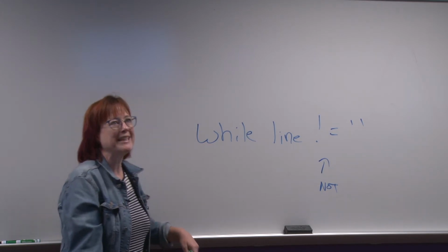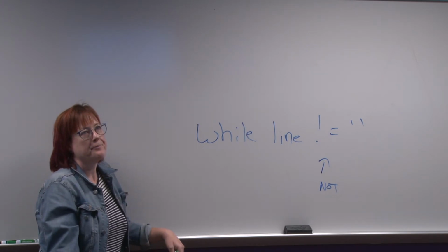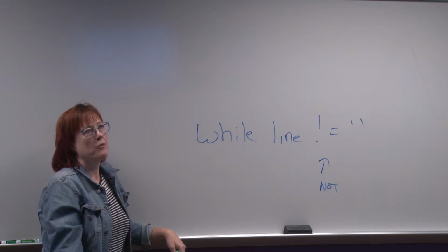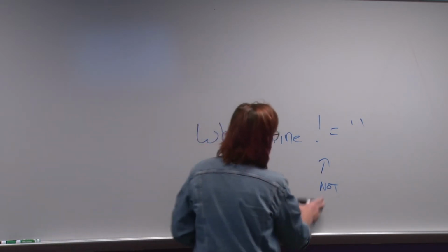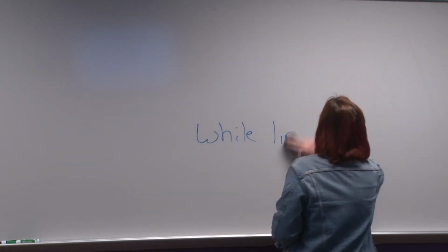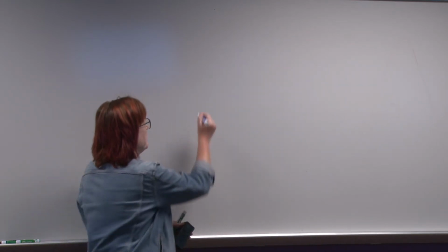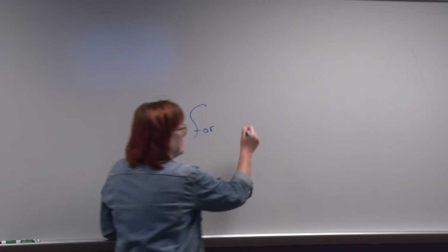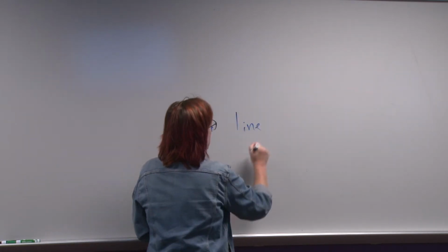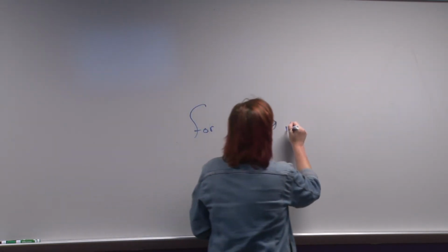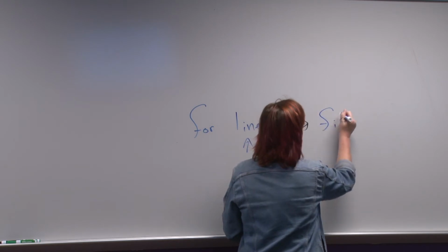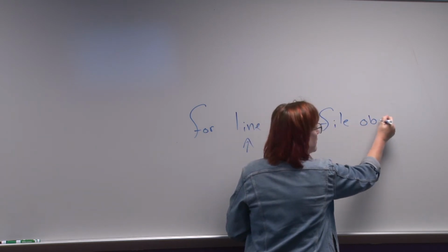So we can use the for loop to read lines. And the format for it, and it usually does list this as line. That's just a variable. It's not magic. You could say whatever you want, but it's for line. That's your variable name. Could be anything. In file object.